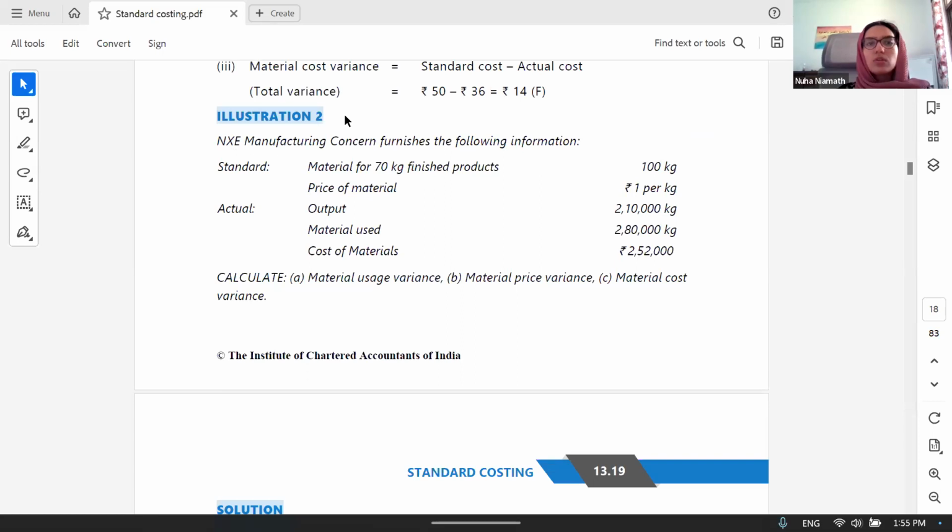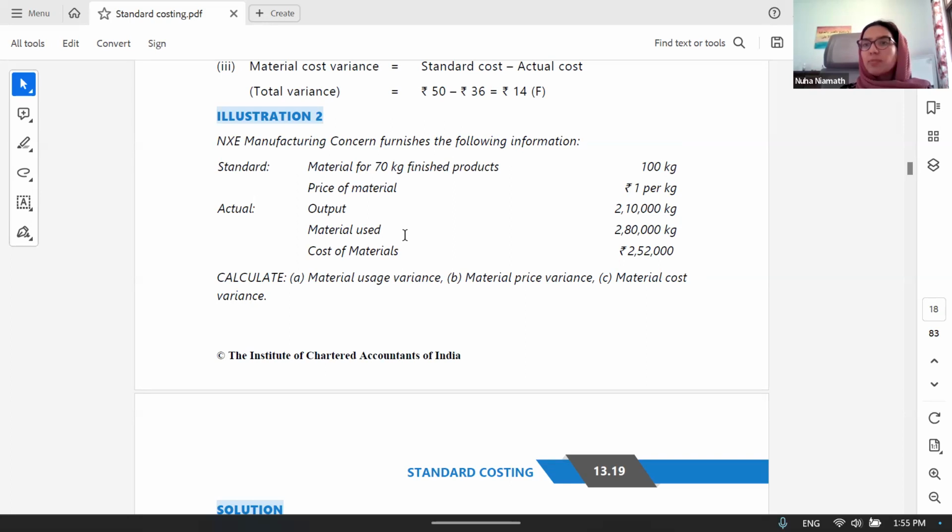Okay, so NXE concern furnishes the following information. Standard and actual. Standard is saying the material that is standard required for 70 kg of finished products is 100 kg. The price of the material is rupees 1 per kg. Standard quantity, standard price, already given. Actual output 2,10,000 kg.